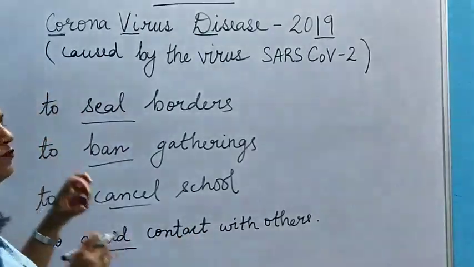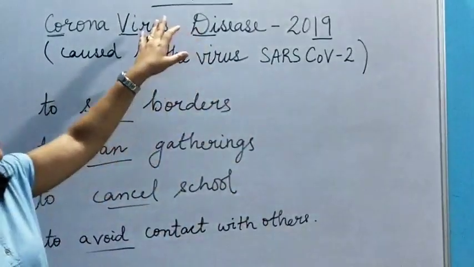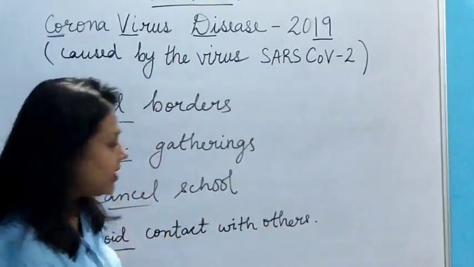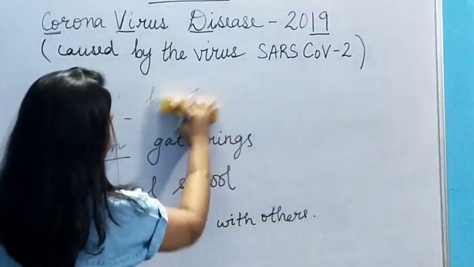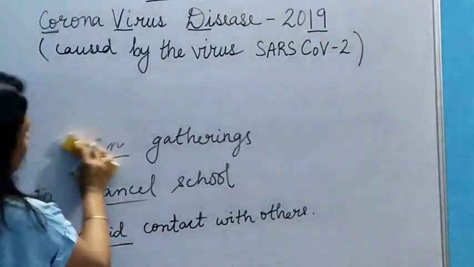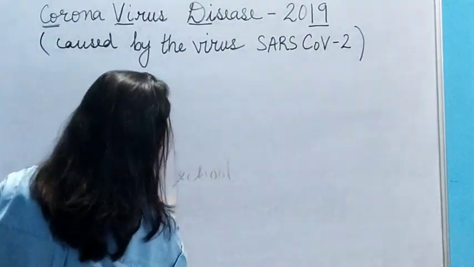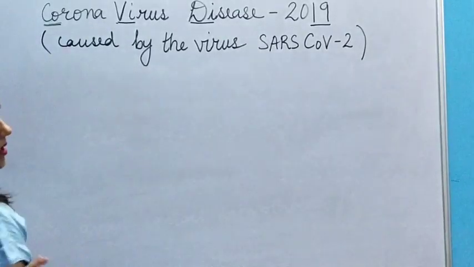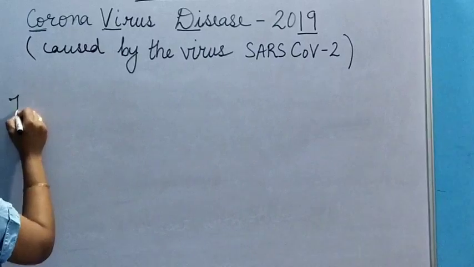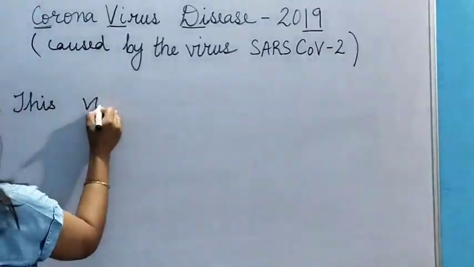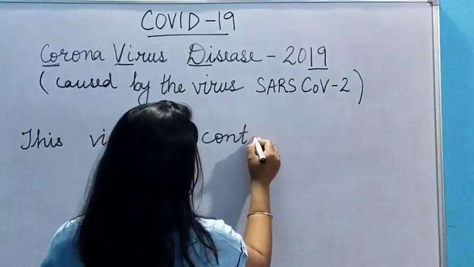Now I'll tell you a few of the adjectives which are being used to describe this COVID-19. Let's have a look at them also. We can say that this virus is contagious.